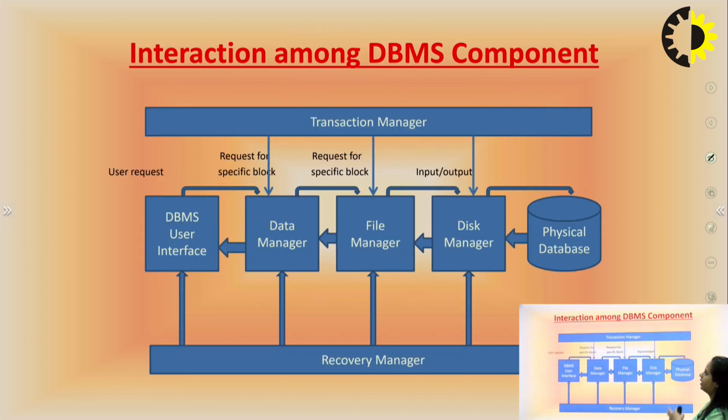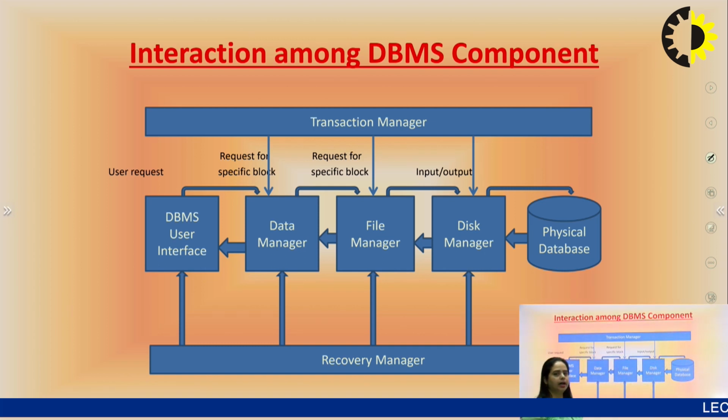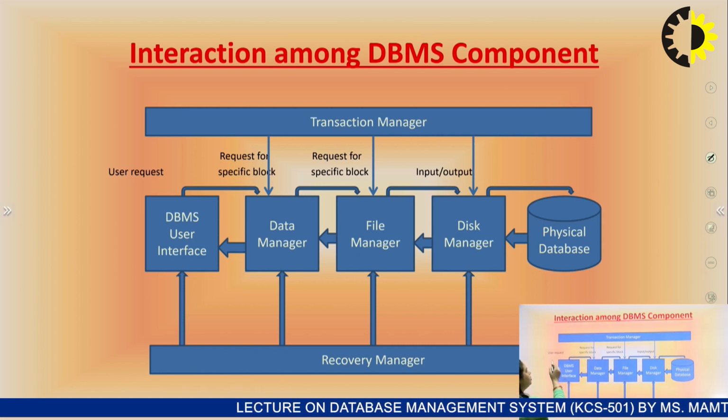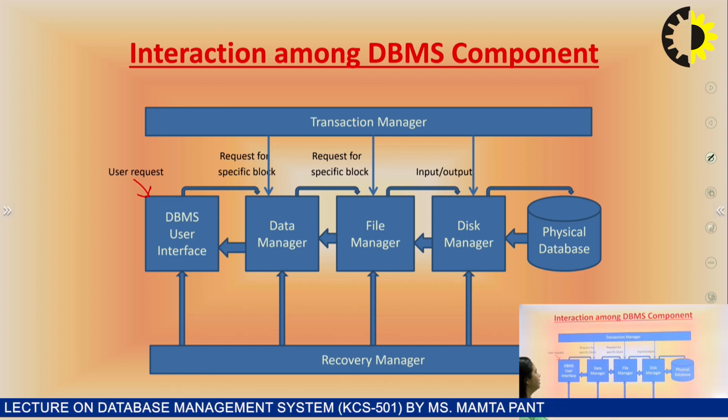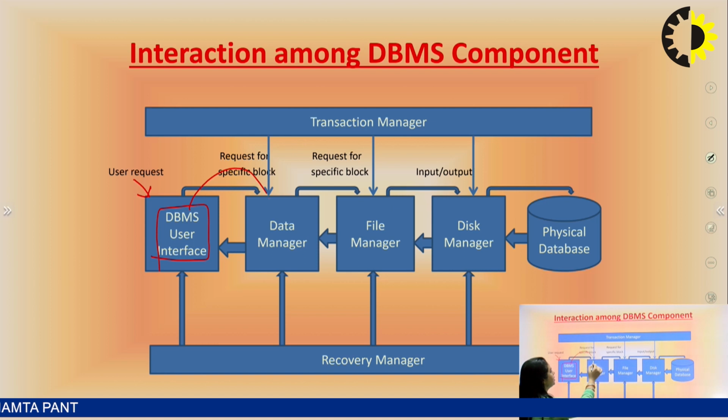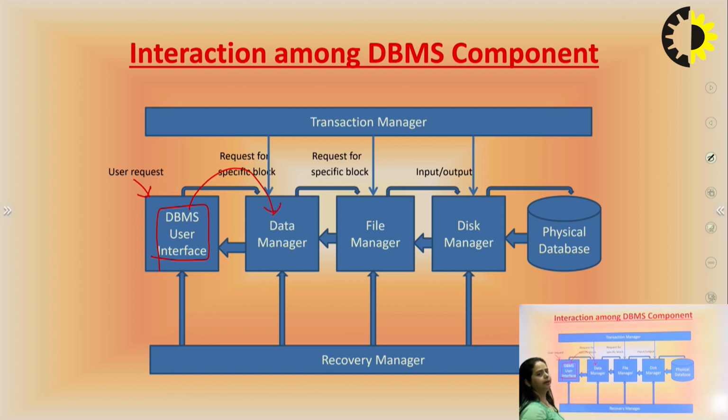Next, these are the interactions among various DBMS components. First of all, if I want data from a physical database, say the name of the student list, I want the student list. So basically, the DB user requests the student list, and this user interacts with the DBMS user interface. This DBMS user interface requests a specific block from the data manager.